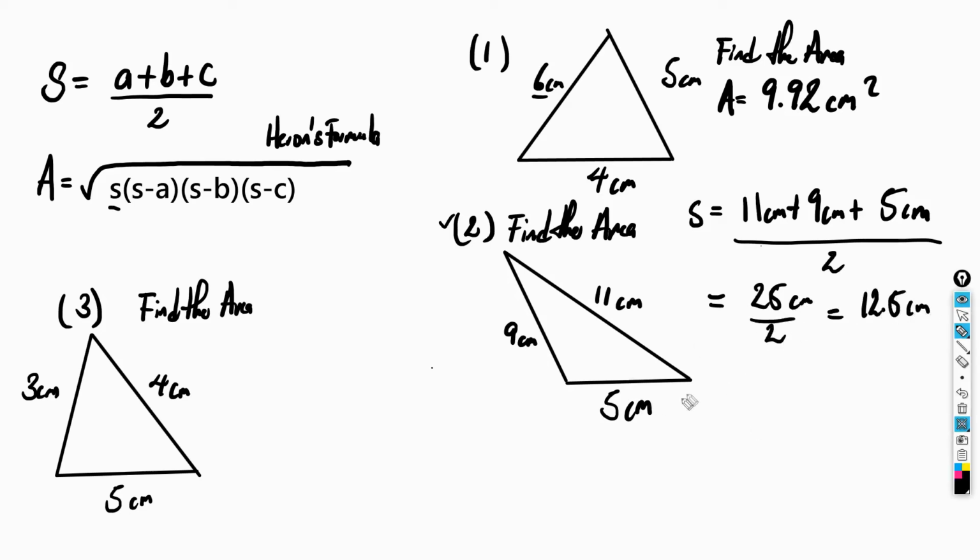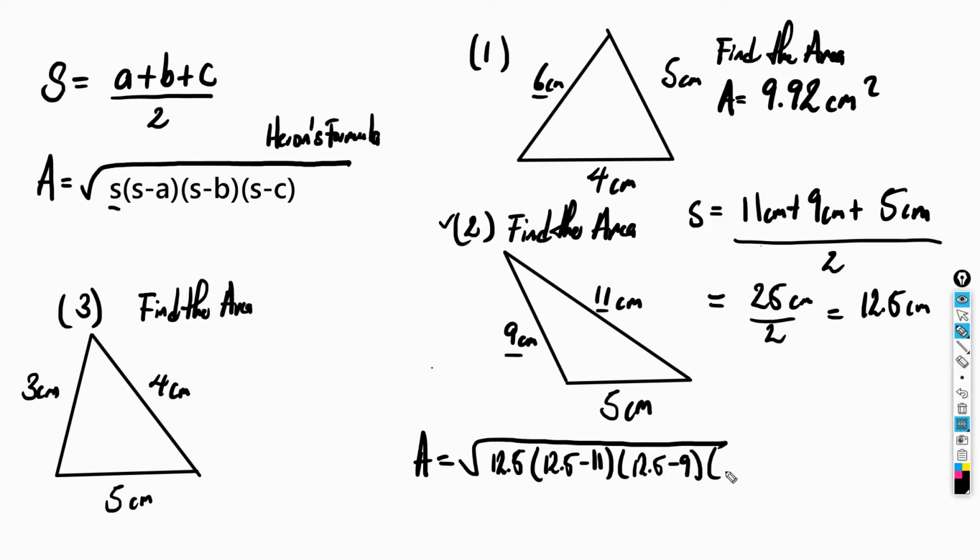Now we need to find the area. We're going to use Heron's formula, which is the square root of 12.5, which is S, multiplied by 12.5 minus A, let's choose 11 as A, multiplied by 12.5 minus B, let B be 9, multiplied by 12.5 minus C, and let C be 5.